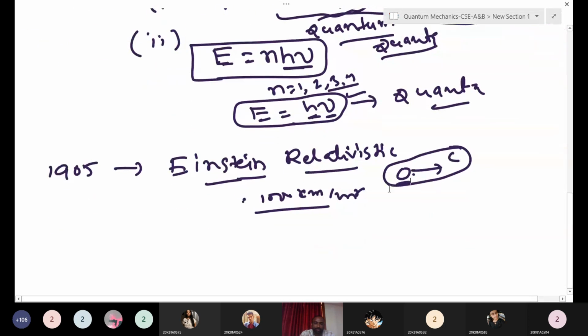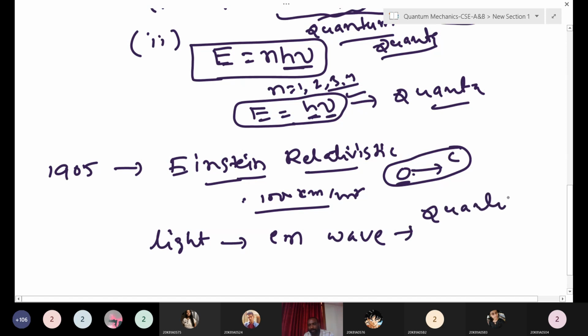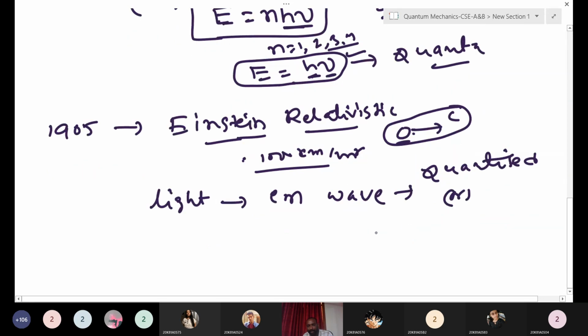Here, we know light is itself an EM wave. It is also quantized, like what Planck proposed with energy. This light is also quantized, or it travels as teeny particles.